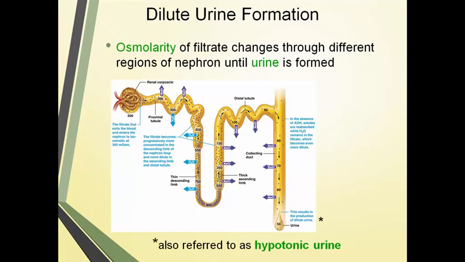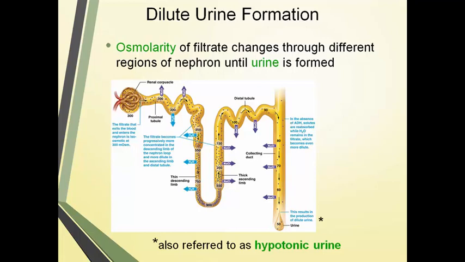But because the salt leaves and the water now is allowing it to dilute out a little bit. Notice at the very top it gets to 150 osmolarity units, and then the DCT 100, and then 90 osmolarity units before it hits the collecting duct.